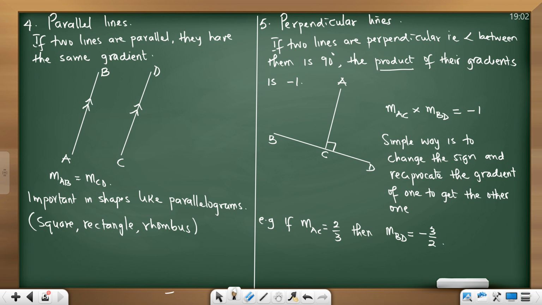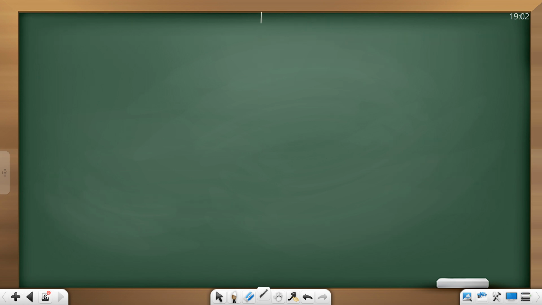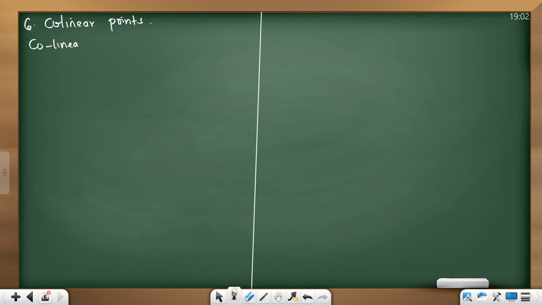Okay, point number 6. Collinear points. Collinear refers to points on a straight line.